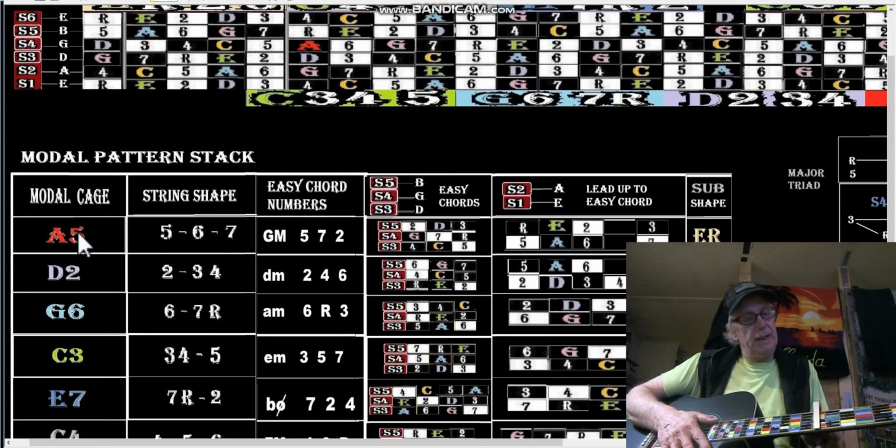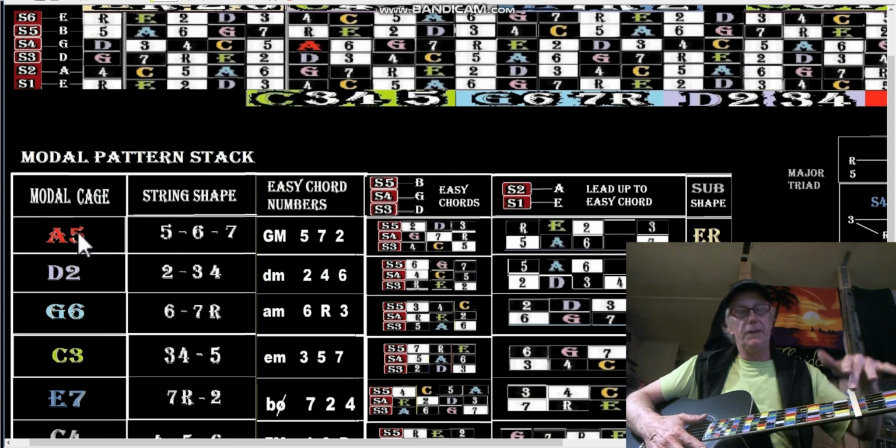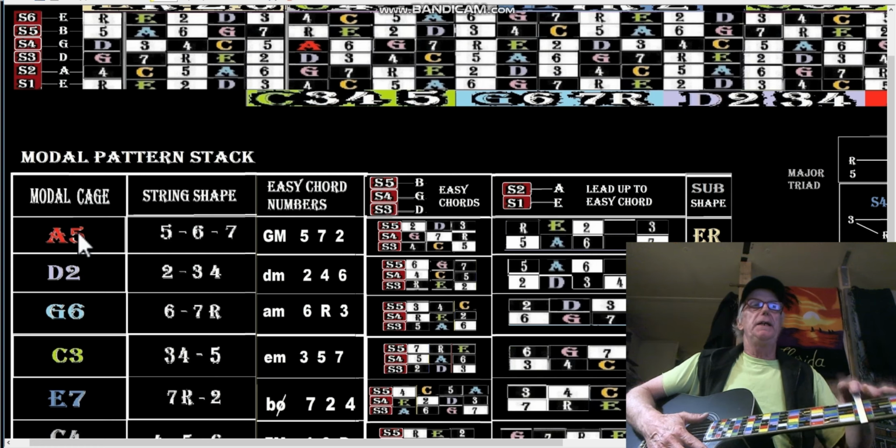So if we were looking at your guitar, which has the fret nut right here, that E you could play in all those keys.